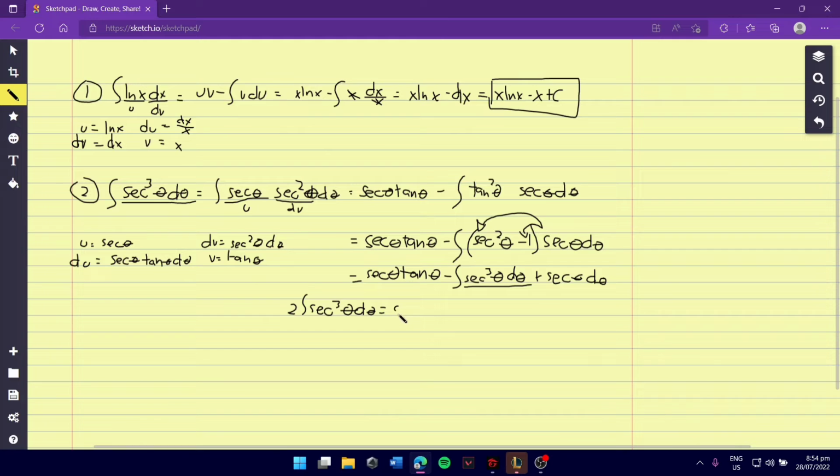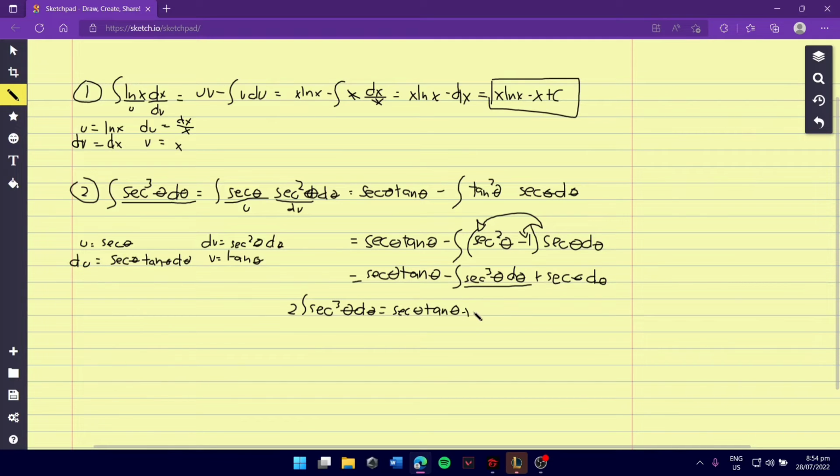Then copy this secant theta tangent theta, and the negative here will become positive when putting it to this side.